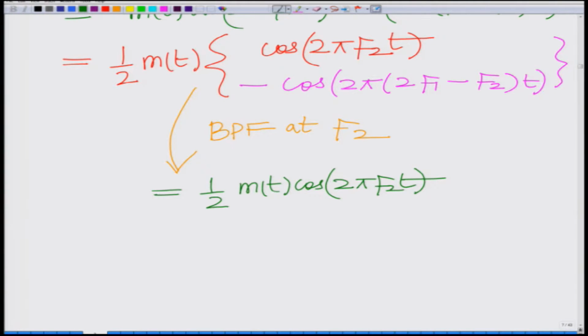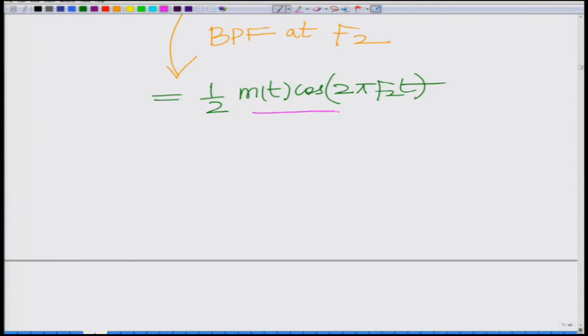That is basically employing mixing with f1 minus f2. Also one can translate an incoming signal with carrier frequency f1 to the intermediate frequency f2. Note that this is also translated to f2.